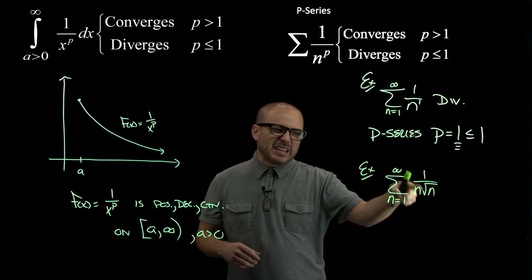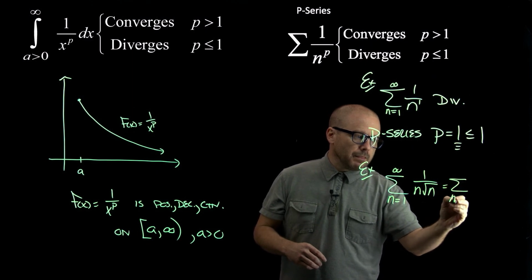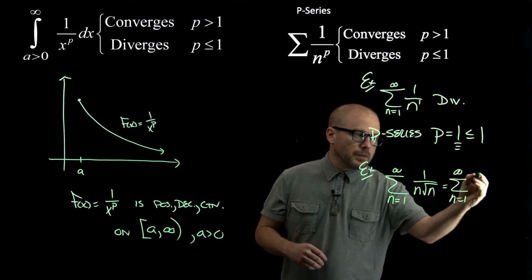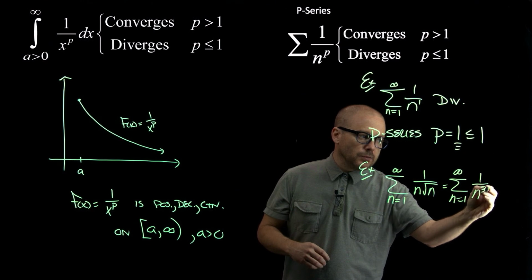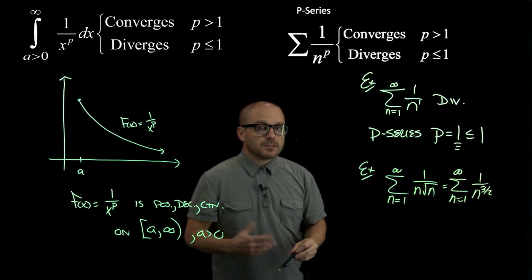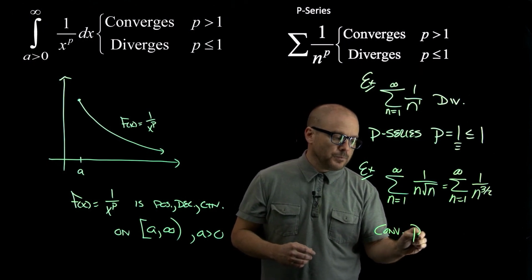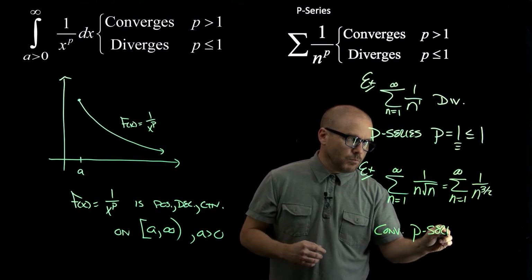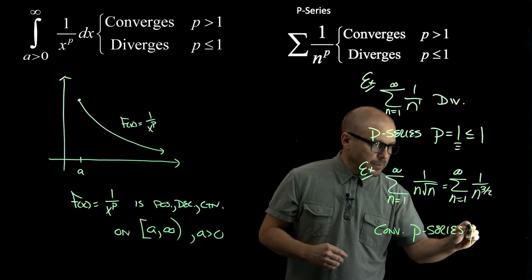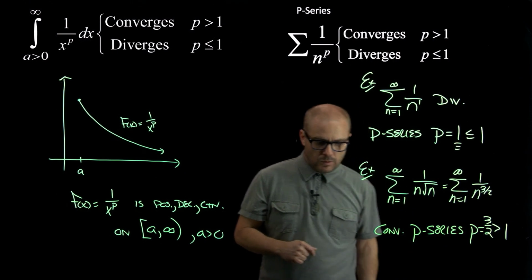It may be hidden a little bit, but that's just 1 over n to the 3 halves, right? n to the first times n to the half. So that's a convergent p-series. p is 3 halves, which is bigger than 1.